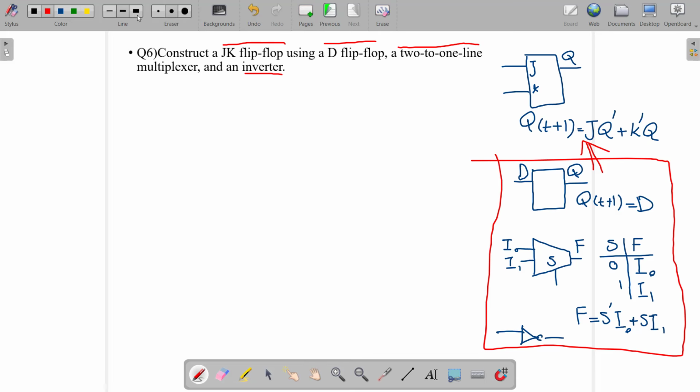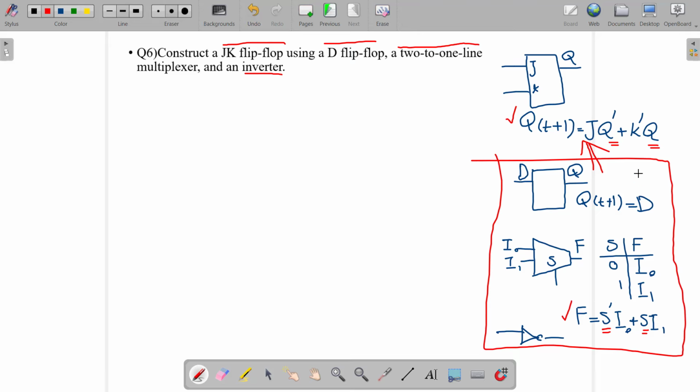we want to design this flip-flop. Now if you compare the characteristic equation of the JK flip-flop with the Boolean function of the multiplexer, you can see that the Q here plays the role of the S here, or vice versa.